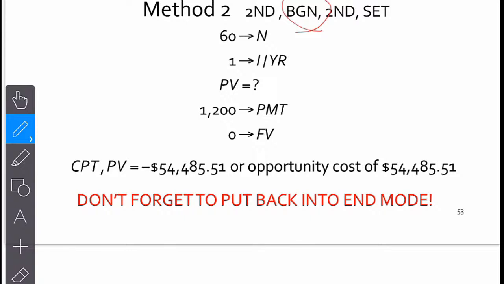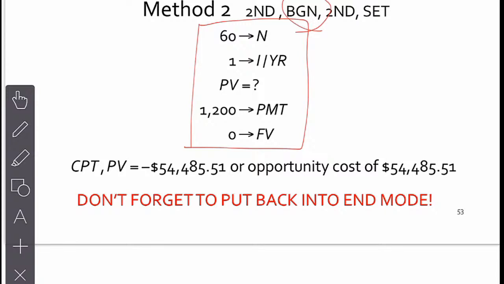You need to be sure what the assumption is of your calculator. So if it's in begin mode, then all you have to do is enter the values as you would normally, and the calculator does the adjustment for you. You enter normally as though they were payments at the end of the period, and then the calculator will use the annuity due formula instead.